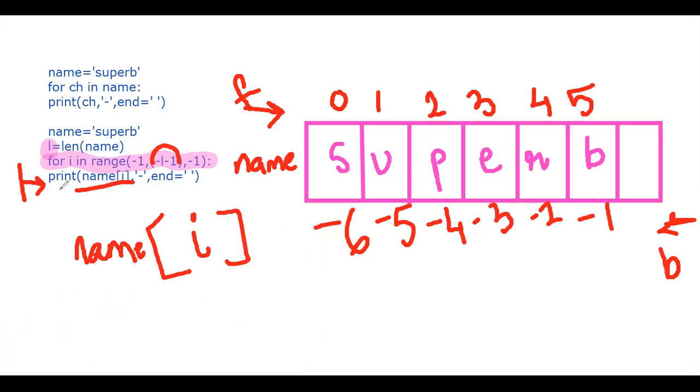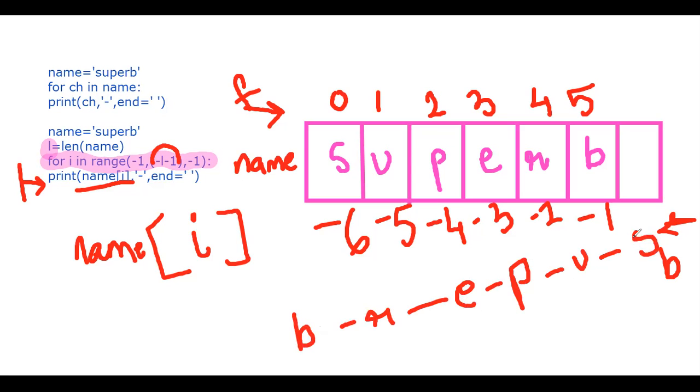Print should have an indent. That way, when this piece of code runs, it will print B dash R dash E dash P dash U dash S dash. It will print the same thing in a reverse fashion.